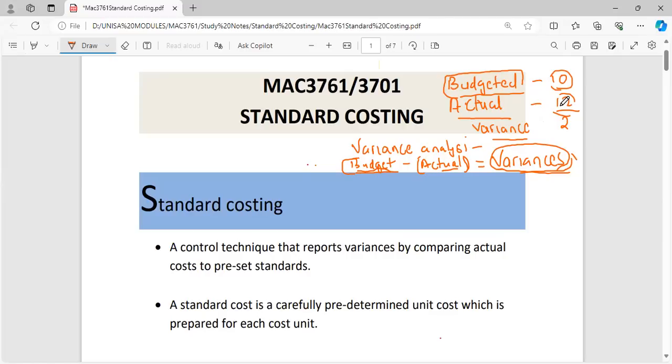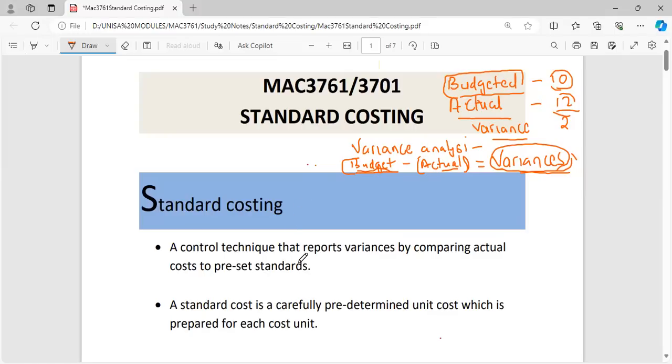But if it is a sales variance, we expect what we budgeted to be less than the actual. Then it becomes a favorable variance. You will see as we go through the questions how we calculate this variance.